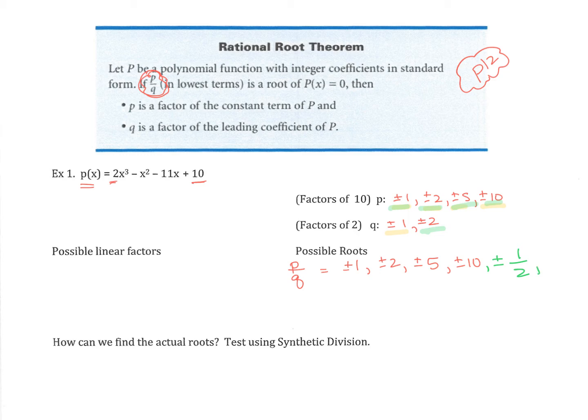Now, if I took my positive or negative 2 and I divided by this 2, I'm going to get a positive or negative 1. And I don't need to write that because I already have that. It's right here. So this is what they meant up above by p divided by q in lowest terms. So I wouldn't put another plus or minus 1 into my problem.